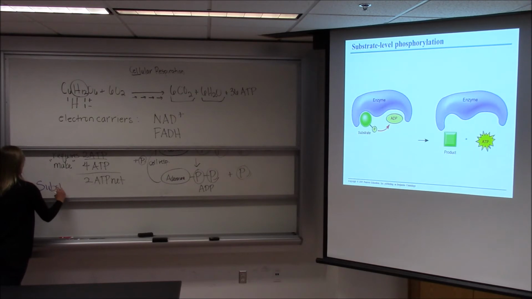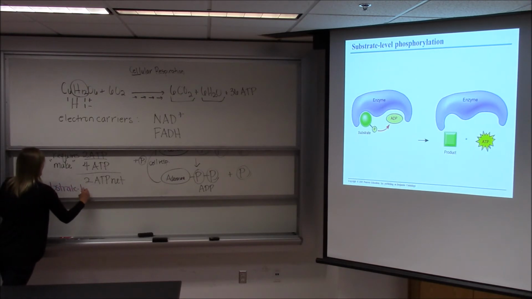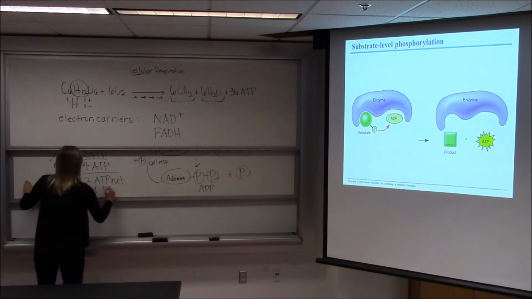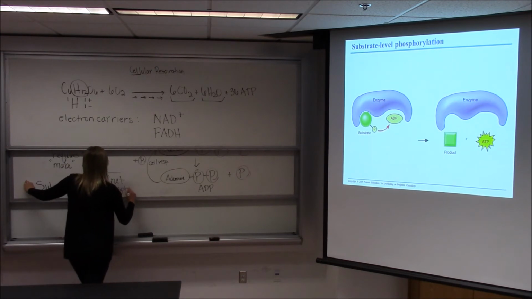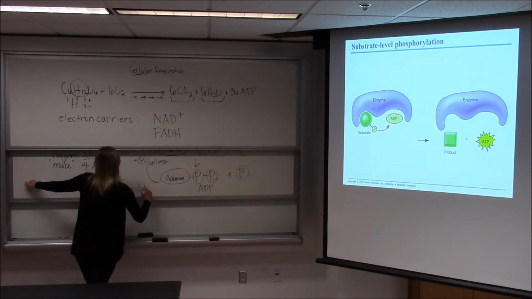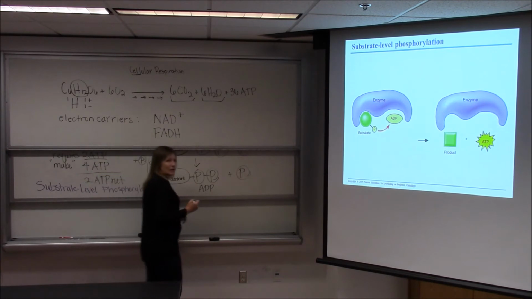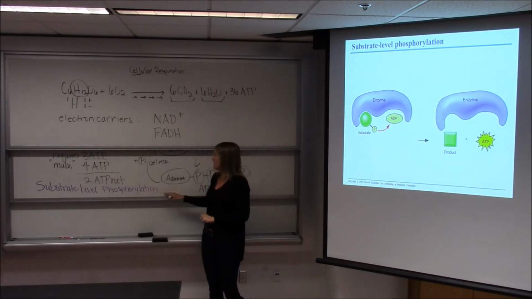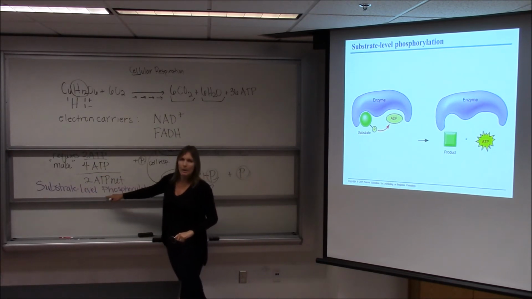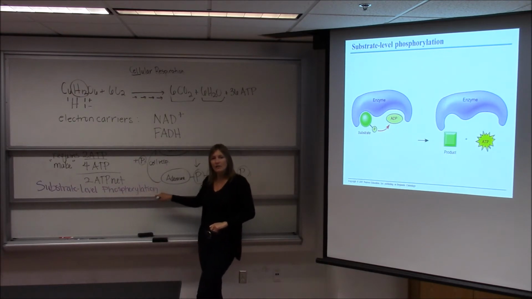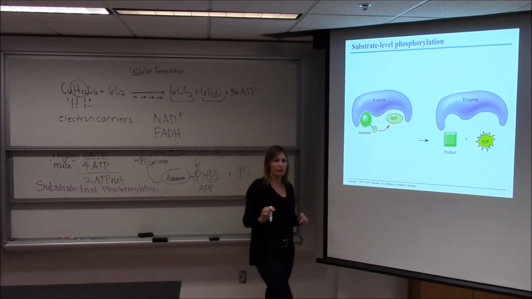So we make these 2 ATP in glycolysis by a process called substrate level phosphorylation. If you don't remember what phosphorylation means, you should rewatch the energy video. Recall that phosphorylation is a general term which means transfer of a phosphate group from one molecule to another.